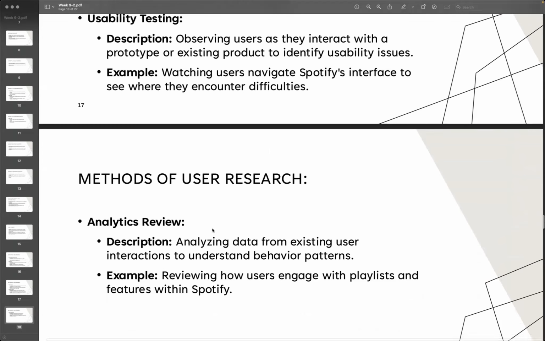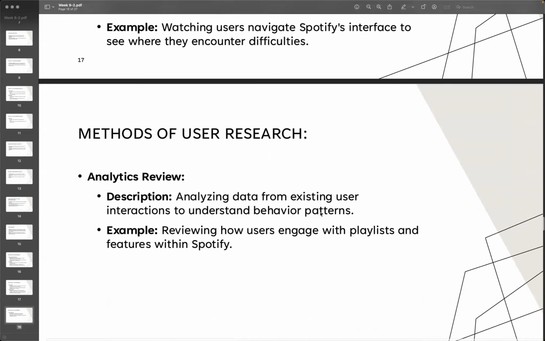And then analytic review. So we will base it on data from existing user interaction, so we'll understand the behavior. So maybe most users you realize always are not able to click on the buttons. Then we'll know maybe the button is too small or the space is not enough.